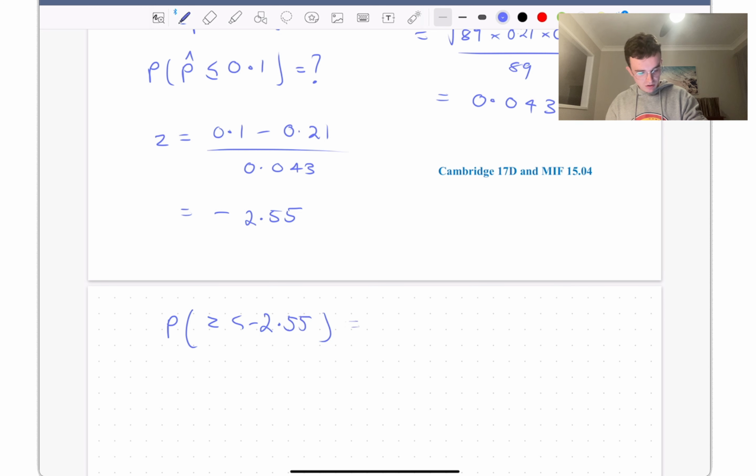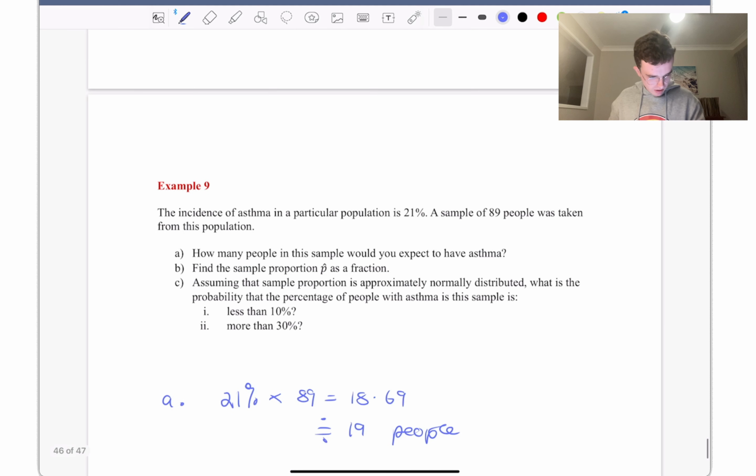And if you use your z-score table, you get 0.0054. And I imagine we want a percentage, because the question was in lots of percentages. So 0.0054 times 100 is 0.54%.